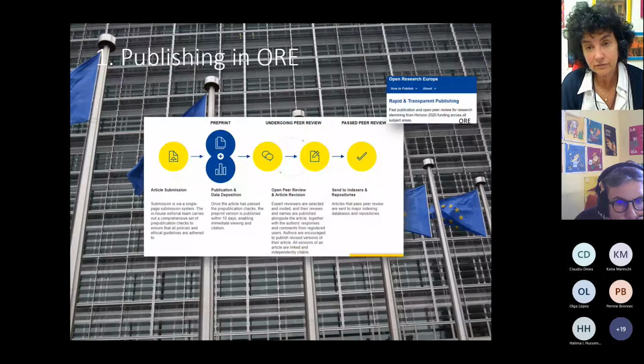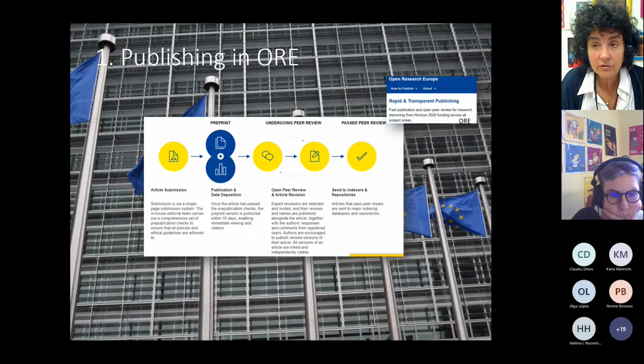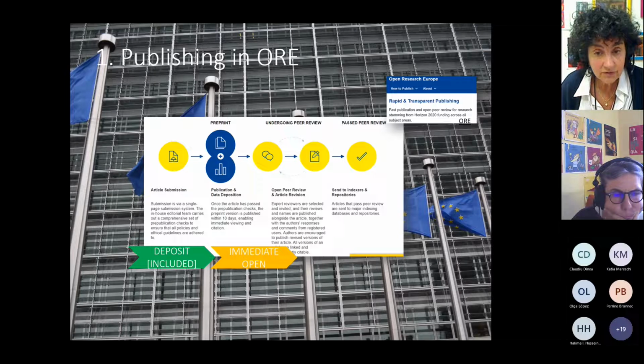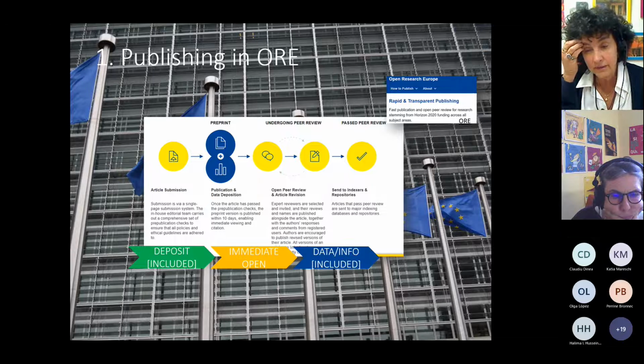First option for open access to publications: publishing in ORE. ORE is Open Research Europe. It was launched exactly 2 years ago in March 2021. Why is it the best option? Because you deposit your paper. You have immediate open access because it's open access, so it's immediately open.